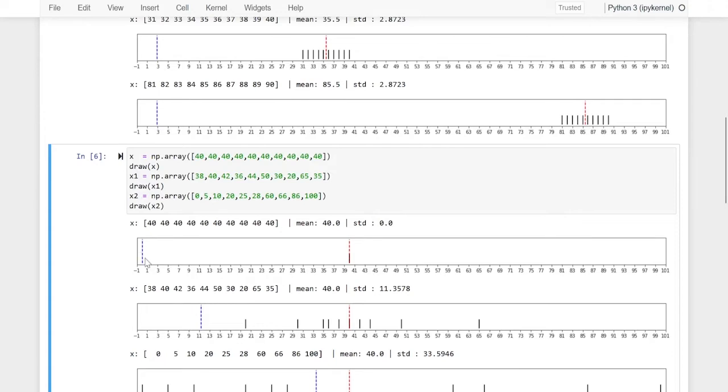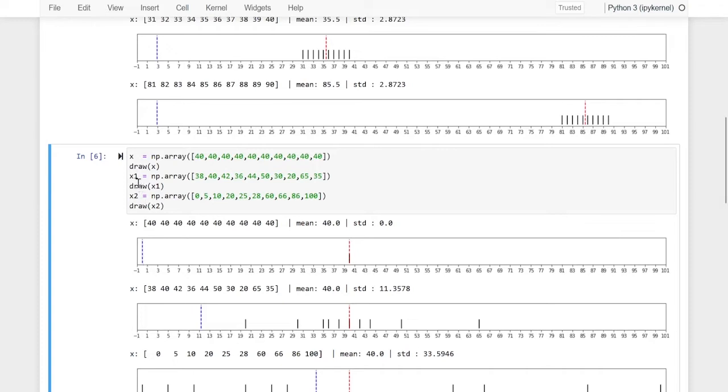Why? Because there is no dispersion. Dispersion is 0. No distance between any two numbers. All numbers are the same. So this mean is 40, standard deviation is 0.